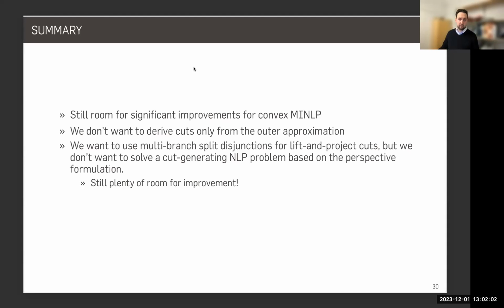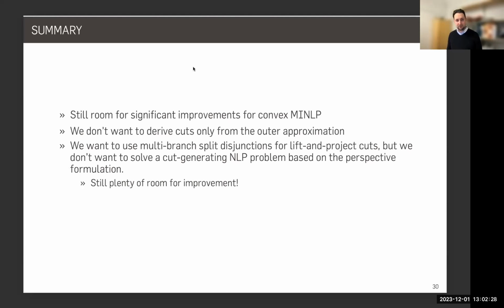And the main takeaway is that we don't want to derive cuts only from the outer approximation. We also want to consider the nonlinearity. And we want to use multi-branch split disjuncts for lift and project type cuts, but we don't want to solve a cut generating NLP problem, at least not one based on the perspective formulation. And I think there's still plenty of room for improvement.